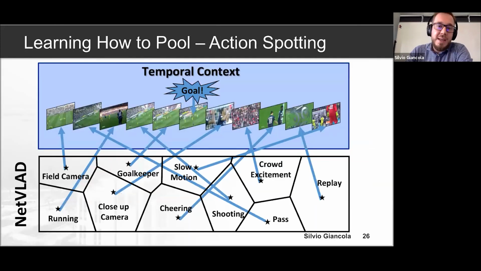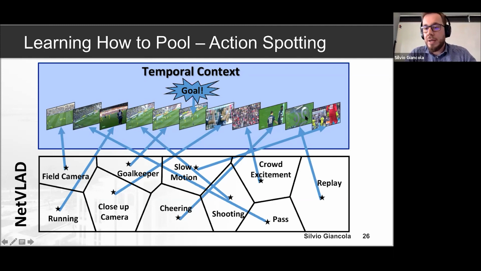So the same concept is applied in the baseline that we introduced in SoccerNet-v2, but instead of considering the whole video, now we are again considering a specific window. So we have a window with n frames, all the features are extracted, and the idea is that all frames will contribute not to a single cluster, but to all those different clusters.